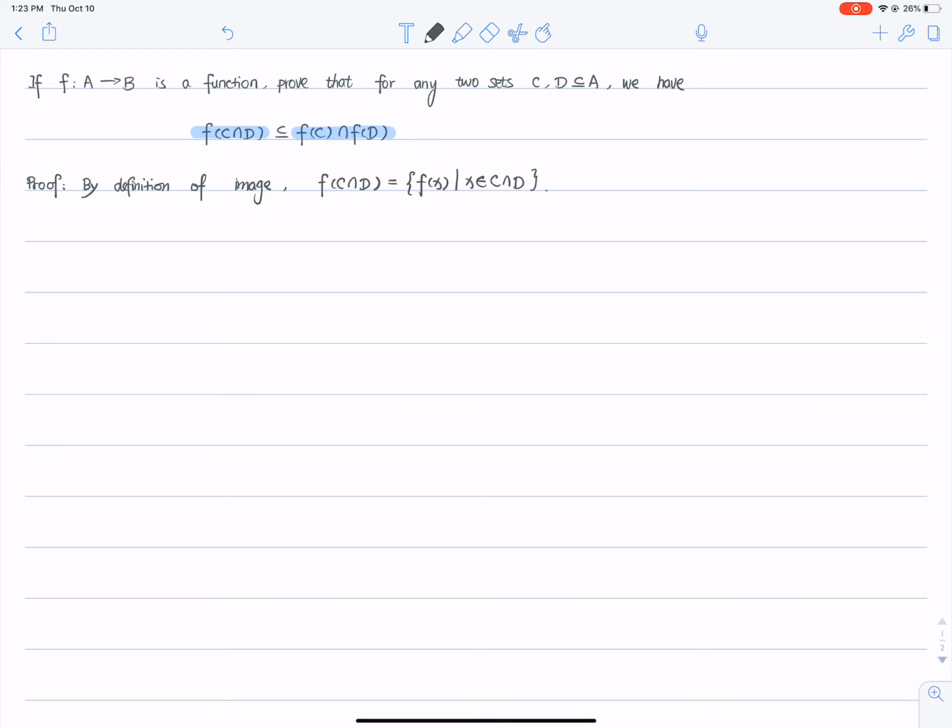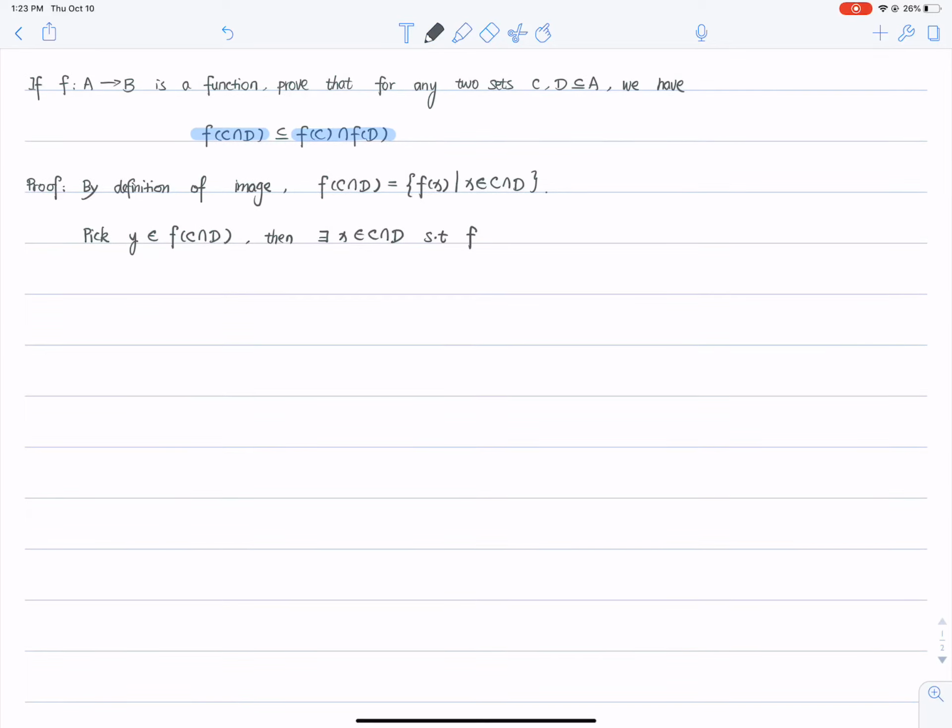Alright, now we can pick an arbitrary element y in f(C intersect D). Then we know that there exists some element x in C intersect D such that f(x) is y.